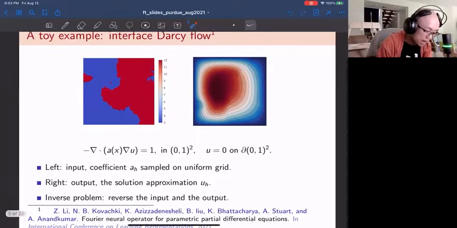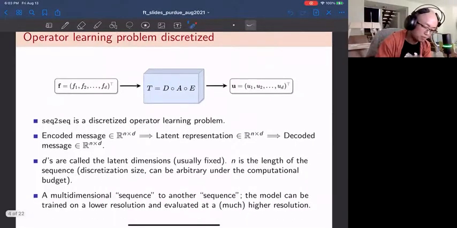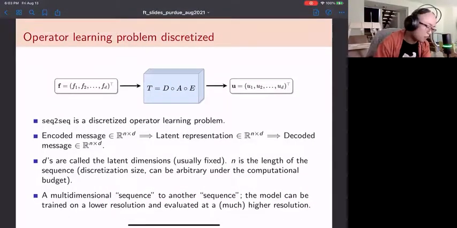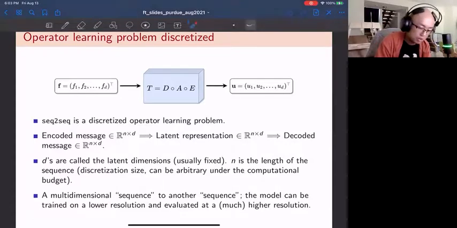When we have discretization, this is a famous sequence-to-sequence problem, because once we discretize the domain, we have two sequences. For example, we can have F1, F2 up to Fd, and each one of these is a vector of dimension n.